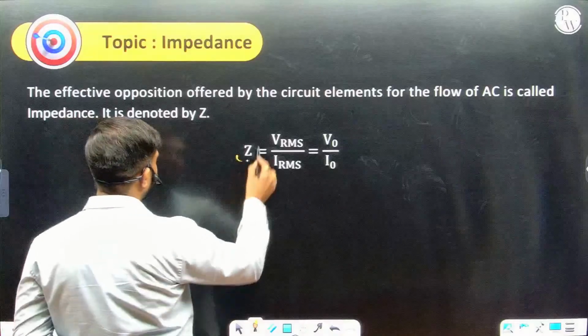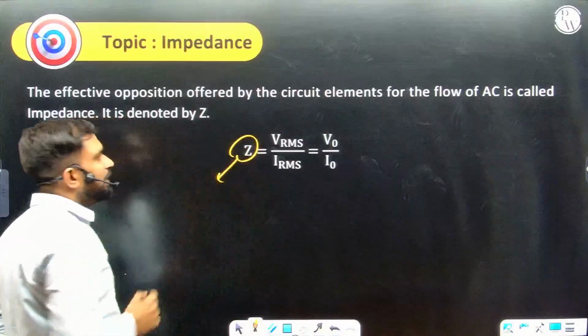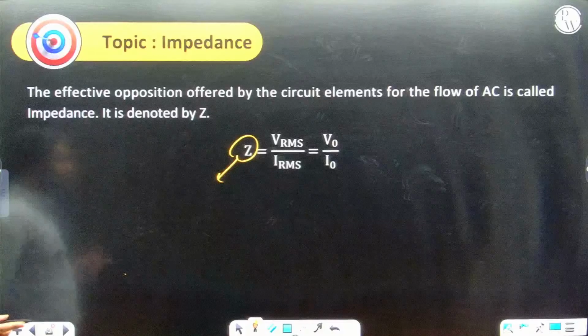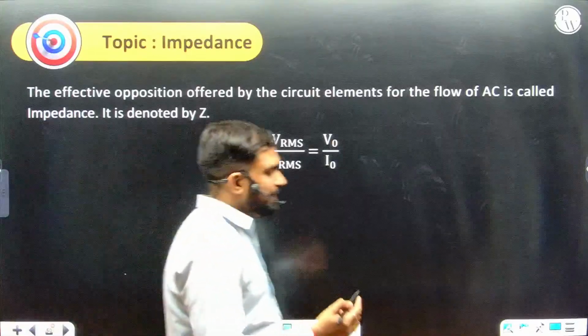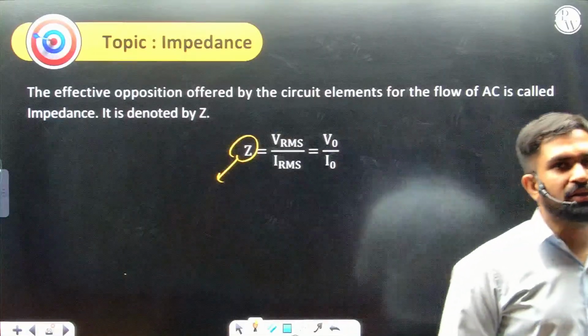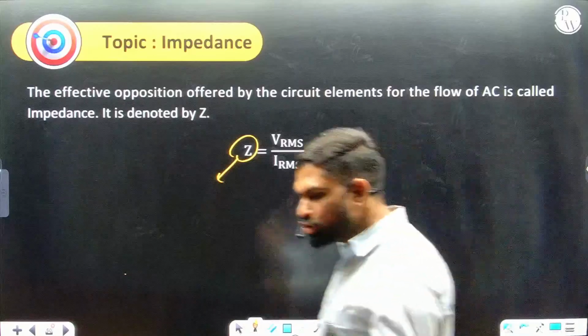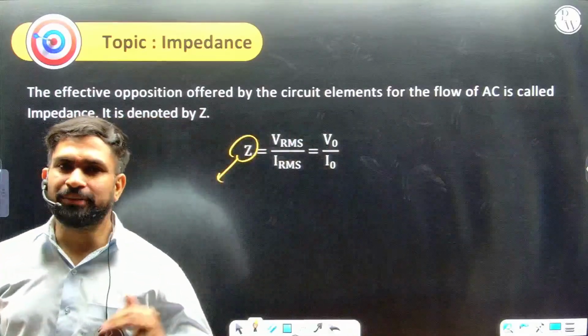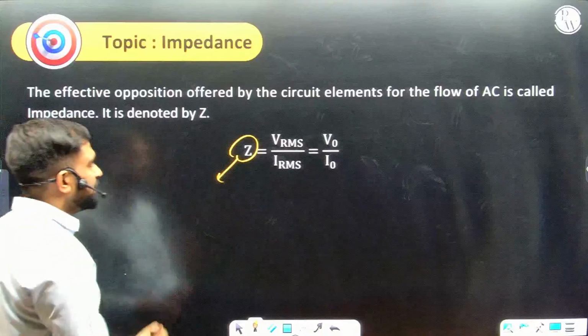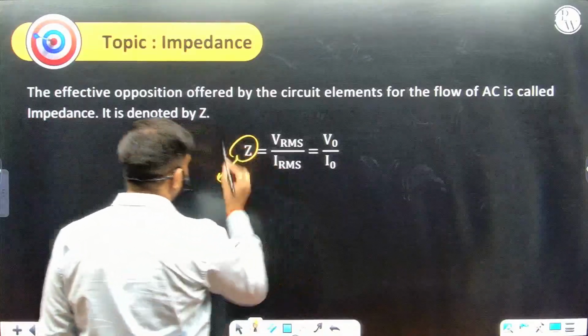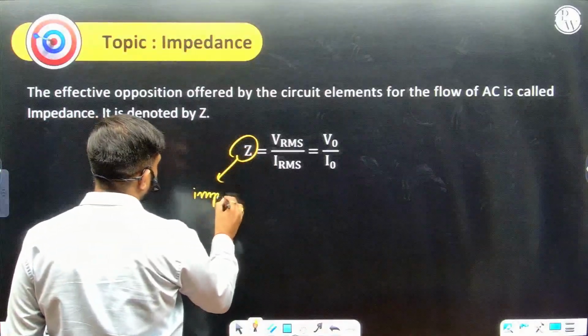What is impedance? Impedance first of all has the unit of resistance, and impedance is kind of resistance or the opposition which is offered to the alternating current by this circuit, the complete circuit, not just the resistor. Z is the impedance.